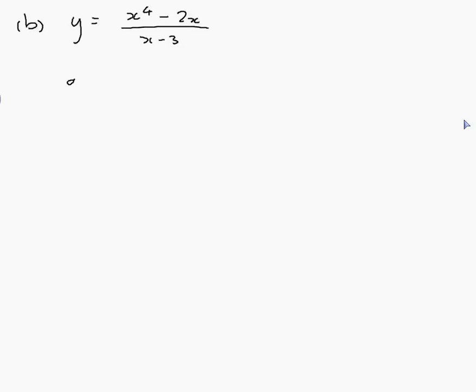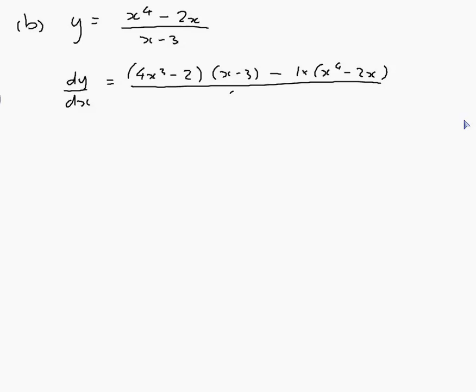So the quotient rule says I do the derivative of the top, which is 4x cubed minus 2, times the bottom, minus the derivative of the bottom, which is 1, times the top, which is very like your product rule, only with a minus in it. But this is all over the bottom squared. That's the quotient rule.